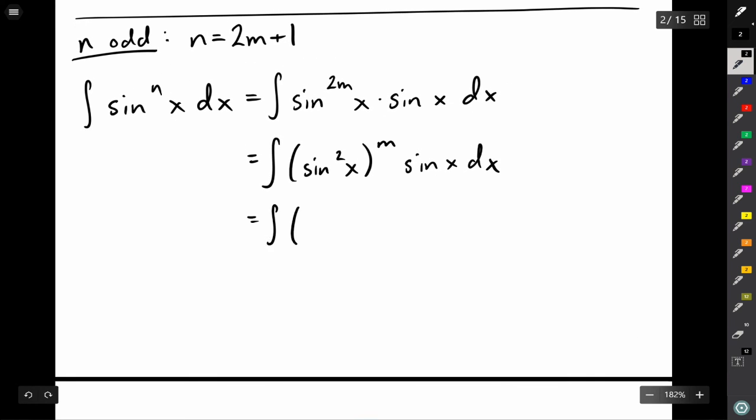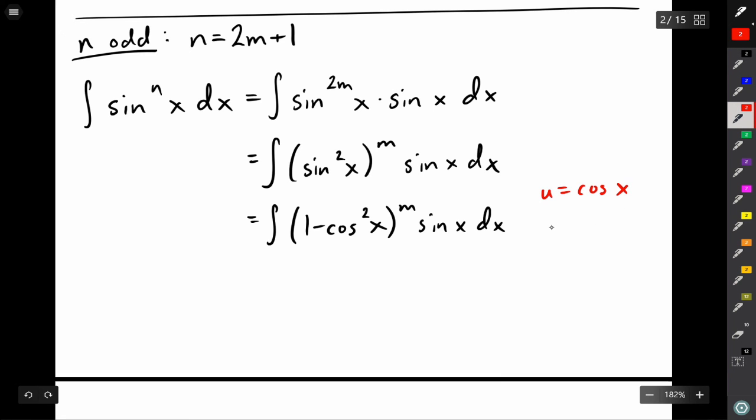So sine squared is 1 minus cosine squared. Right? And we do the exact same u substitution. u is cosine x. du is negative sine of x dx, right?